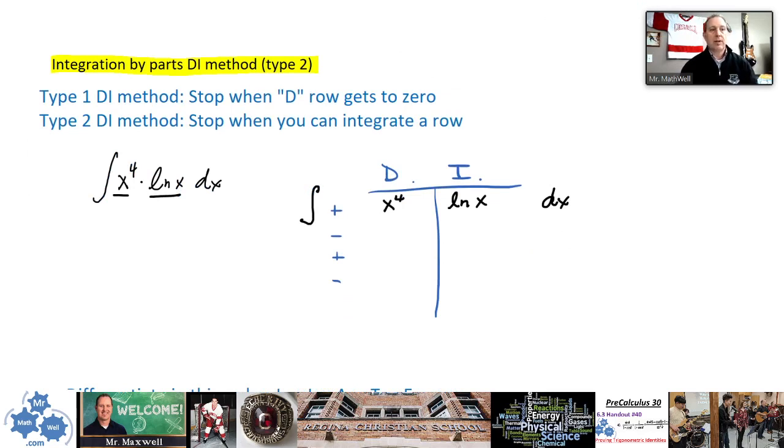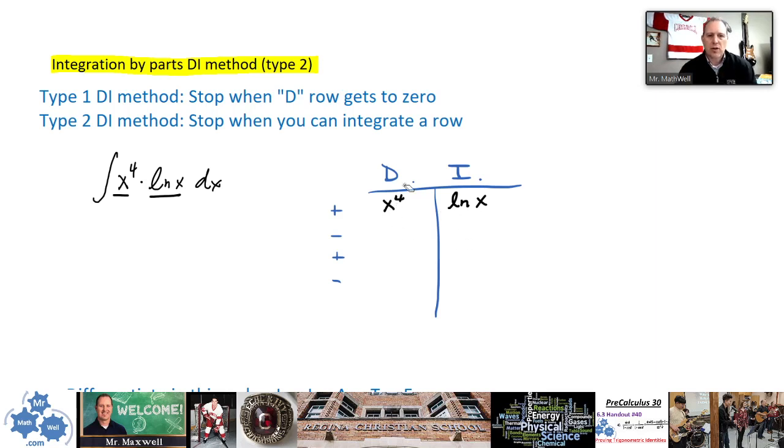So let's see if we can figure this one out. I've chosen my polynomial as what I'm going to differentiate. Normally we would do this, but when we get more complicated ones, it's less clear which I should differentiate and which I should integrate.